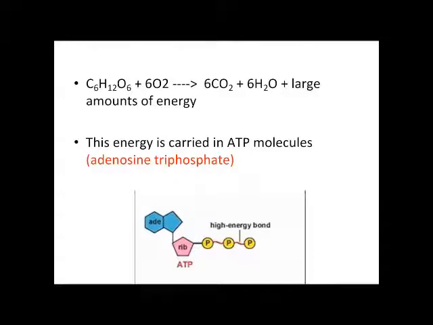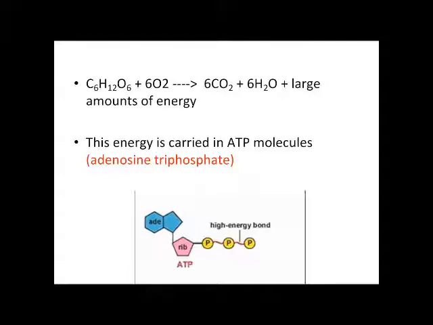So this is an equation that you might have learned last year, or you might have learned in year 10, or you might have learned in year 9. So C6H12O6 plus 6O2. Remember the 2 is a small 2, that's kind of a little error, but oh well, you can fix that. Makes 6CO2 plus 6H2O plus large amounts of energy.